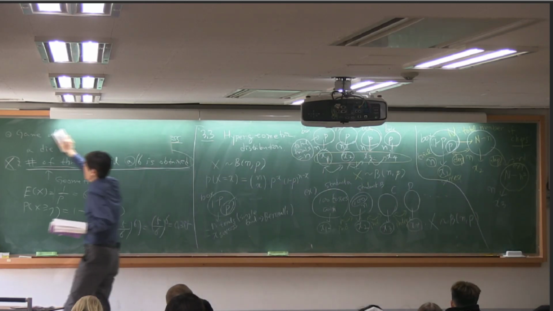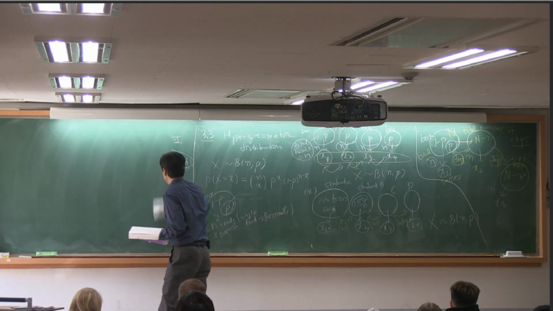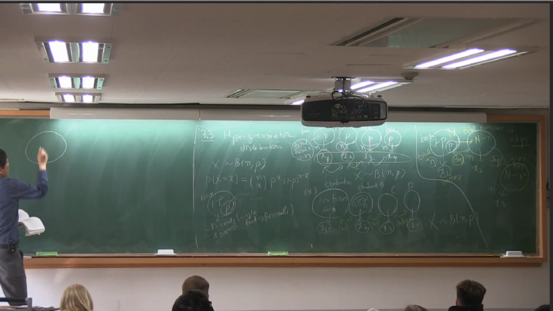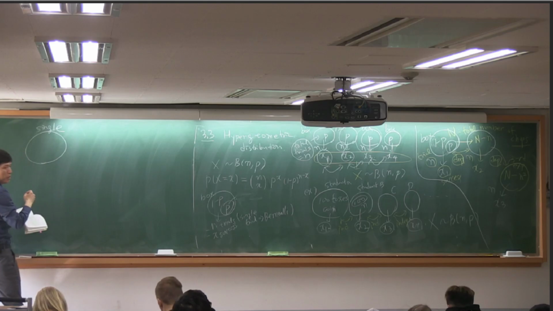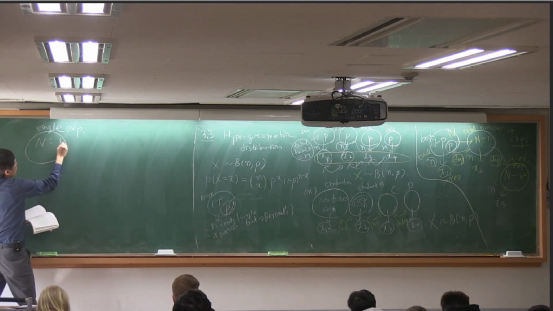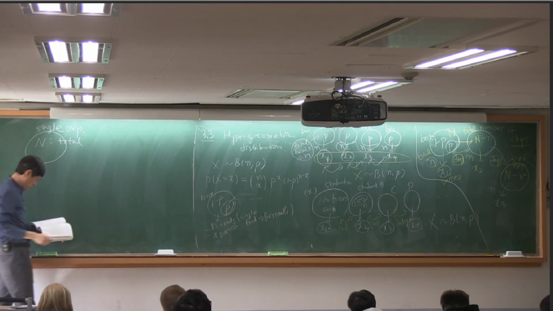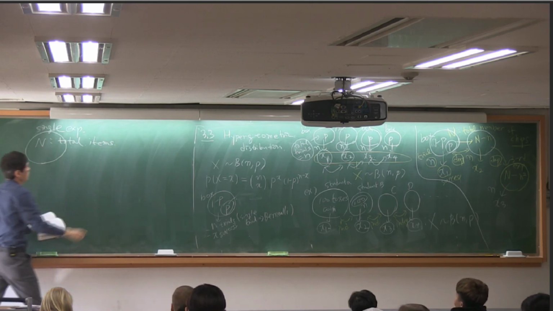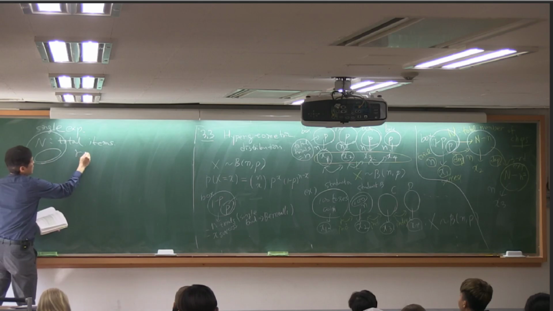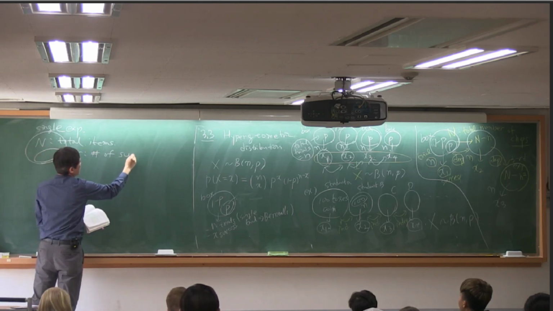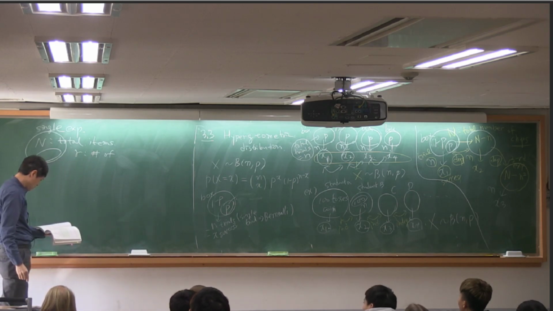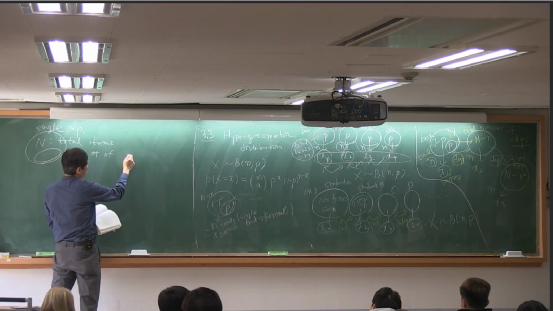So for a single experiment, let's define the hypergeometric distribution. N is the total items, and R is the number of successes, the number of defective chips.